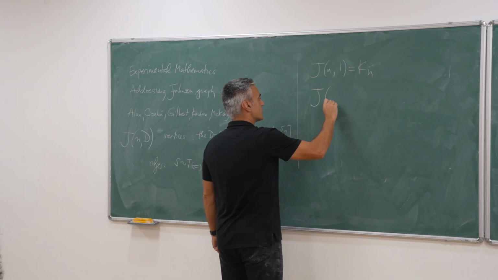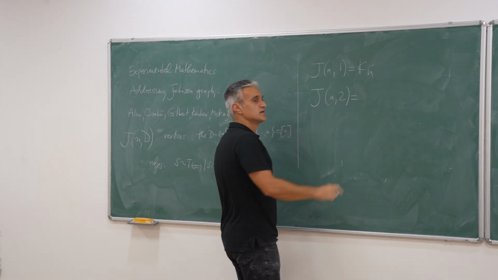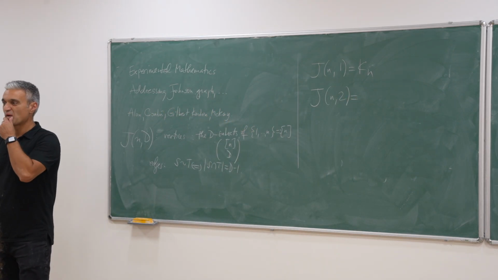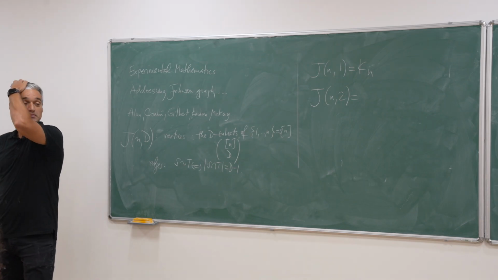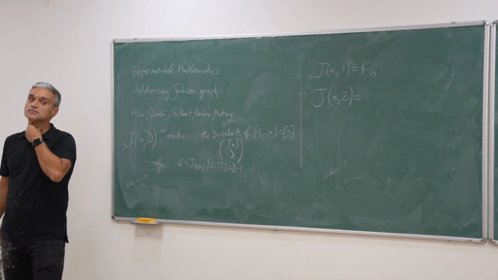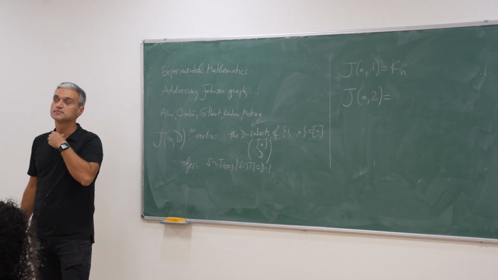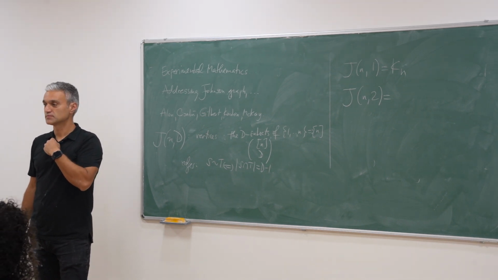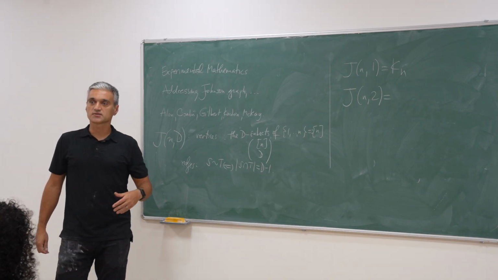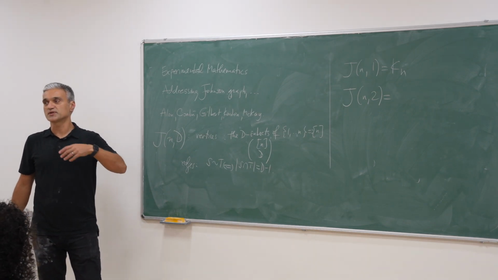Okay, Johnson J(n,2) has a different name. It's the complement of the Kneser graph, but it's something in terms of the complete graph Kn.